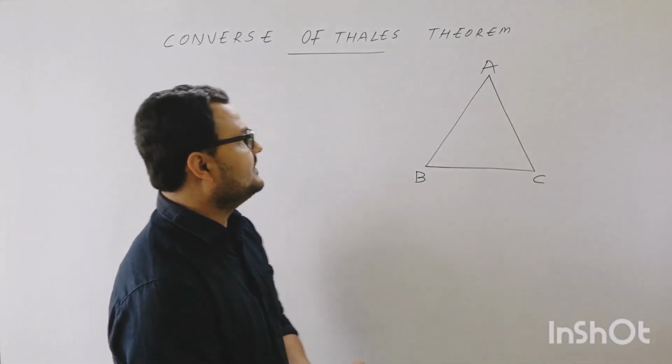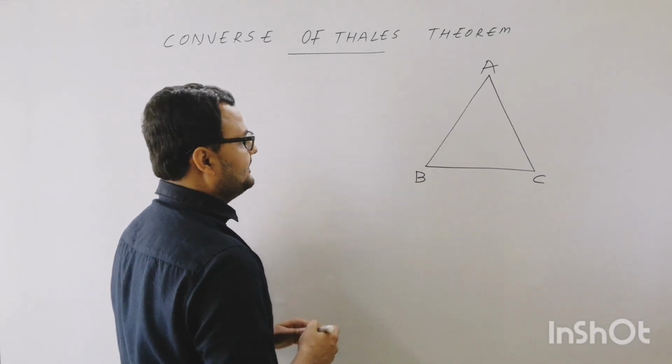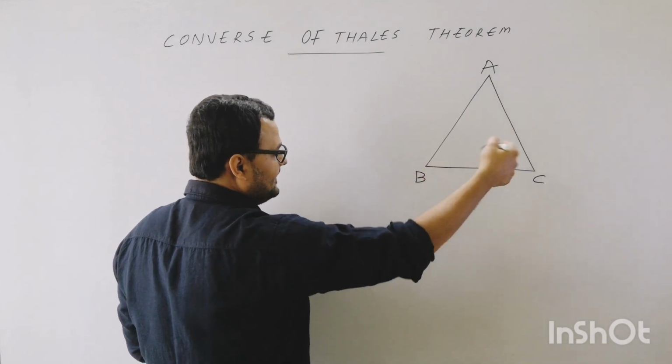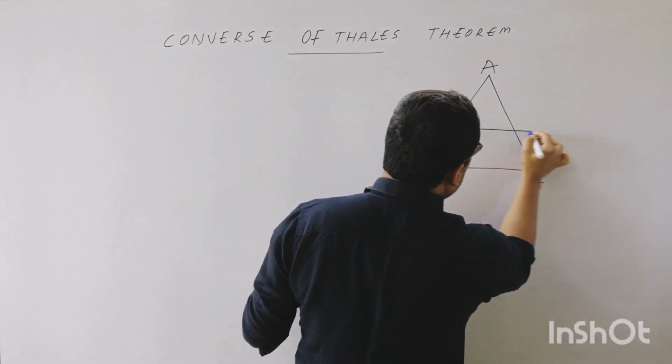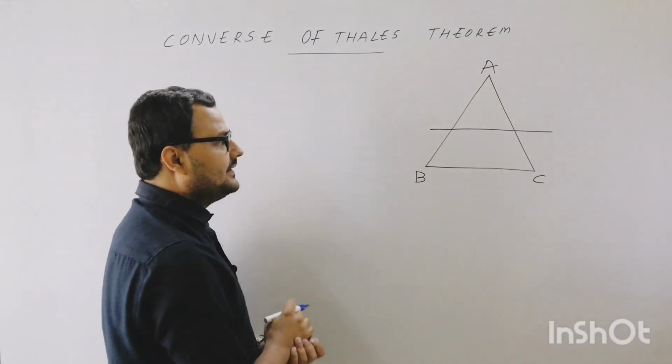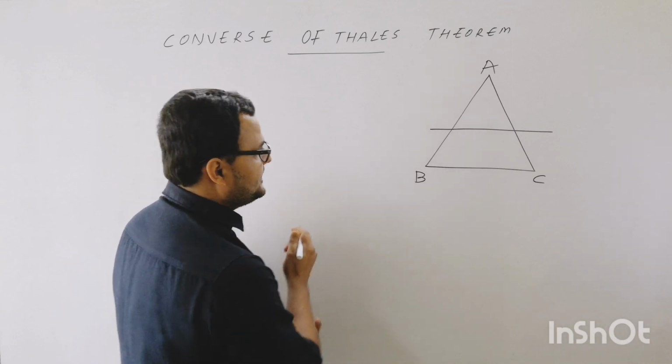And what does Thales theorem say? It says in a triangle, suppose this is triangle ABC, a line divides any two sides of a triangle in the same ratio.